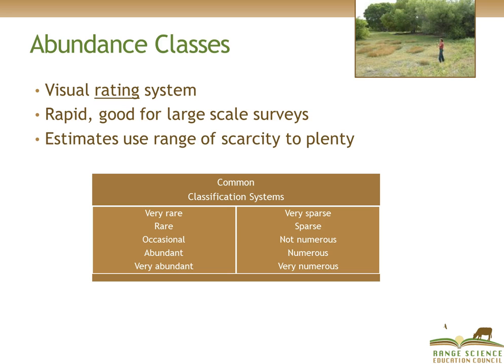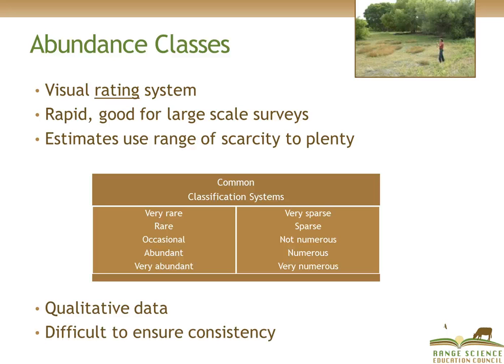Now, the abundance class method provides qualitative data, and one of the disadvantages or difficulties with using this approach is that it can be very difficult to ensure consistency.